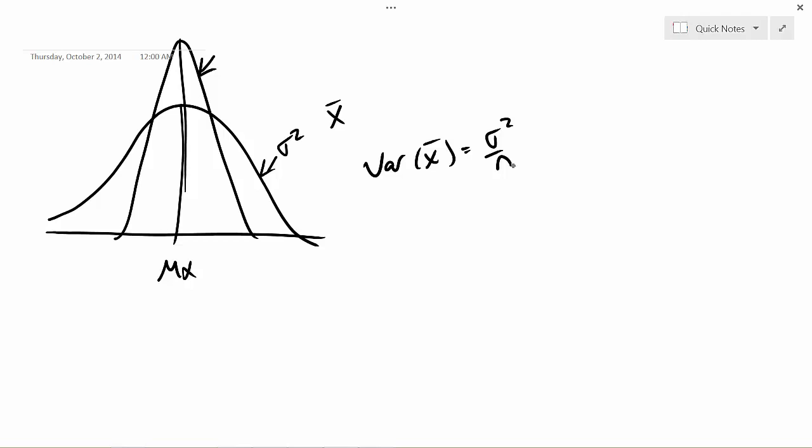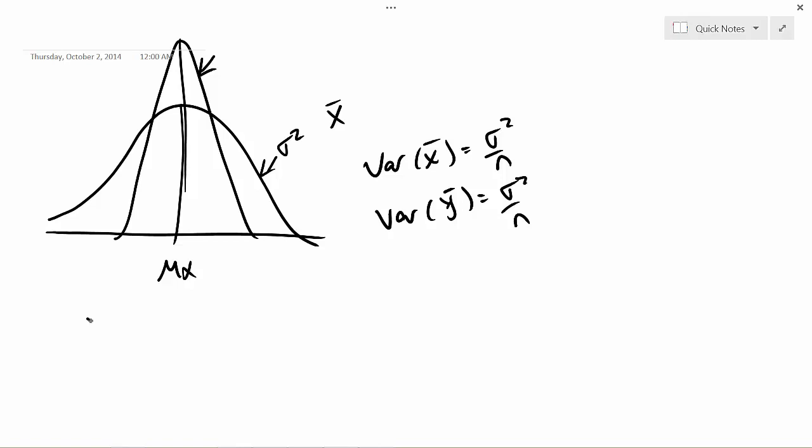And it's also centered around what you want. The density is centered around what you'd like to estimate. And similarly, the variance of y bar is going to be sigma squared over n, because we assume that the population that the y's were drawn from had the same variance as the population that the x's were drawn from.